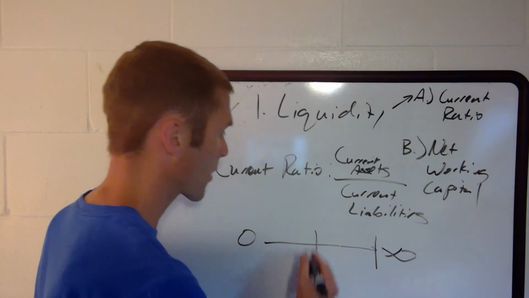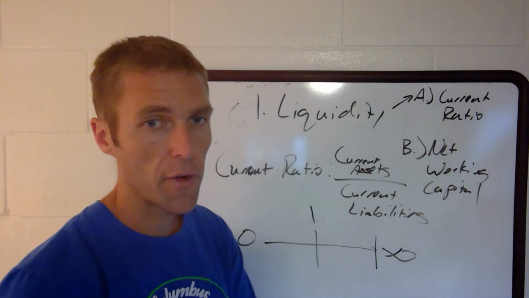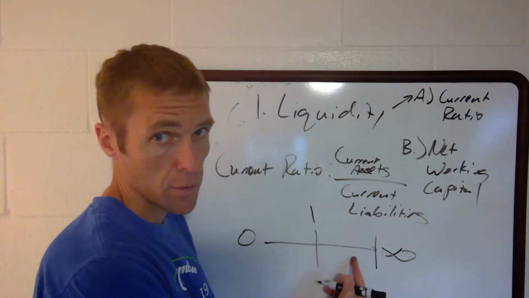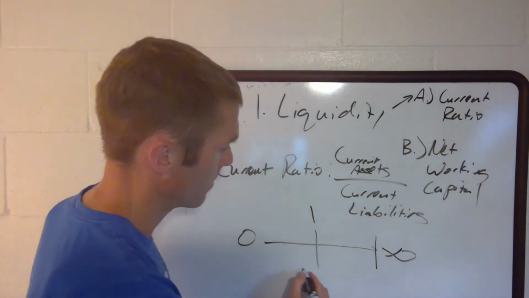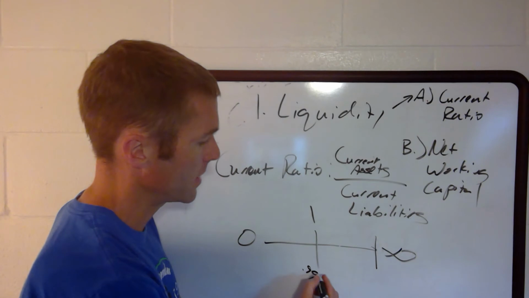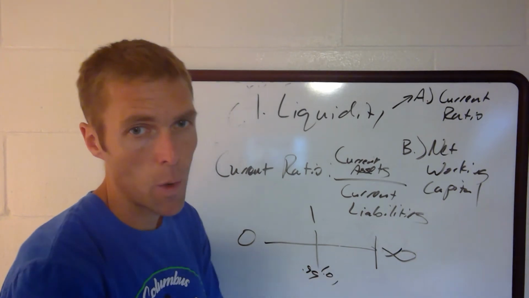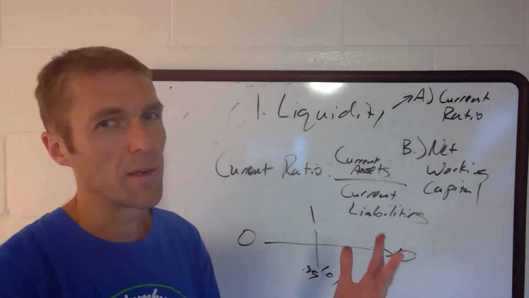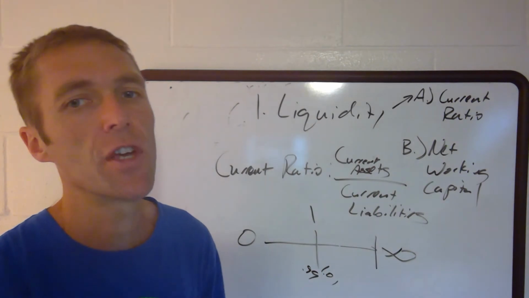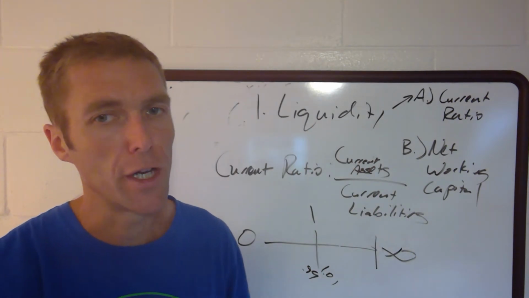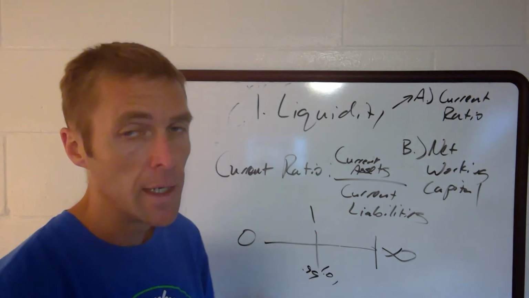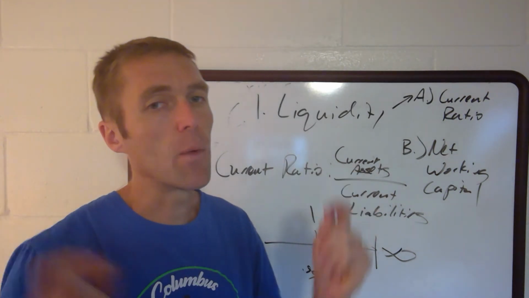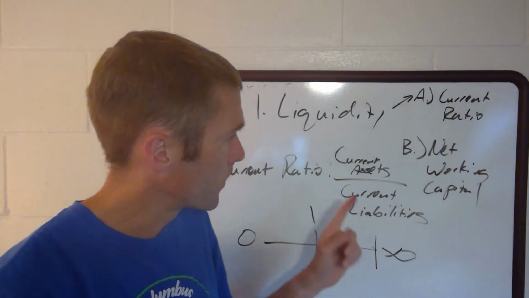And the line of demarcation where we go from worrisome to less worrisome is 1. Now remember, this isn't saying if we're at 0.99 and then next year we get to 1.01, it's as if we've magically changed our performance from bad to good. But there's something that happens at 1 that should make your brain say, oh, I get why this current ratio is important.